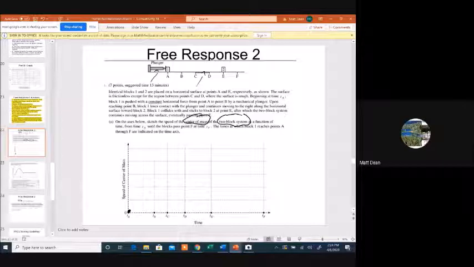So what that means is all the way from A to B, there's an outside positive net force acting on block 1. That outside net force is going to accelerate block 1, which is also going to accelerate the center of mass. So between points A and B, there's a constant force, therefore a constant acceleration of the velocity of the center of mass.